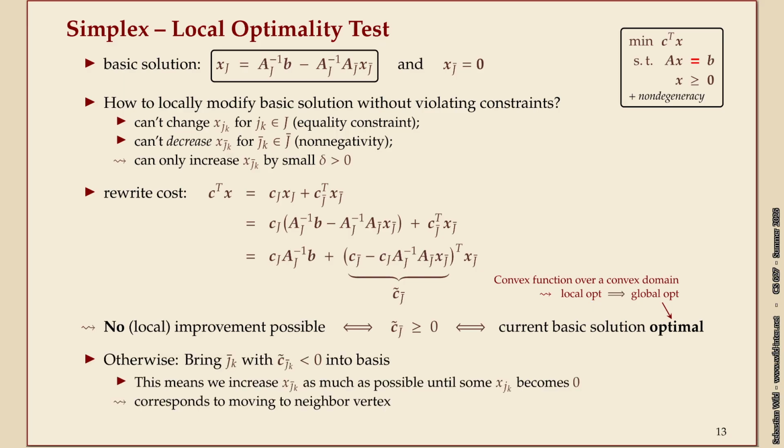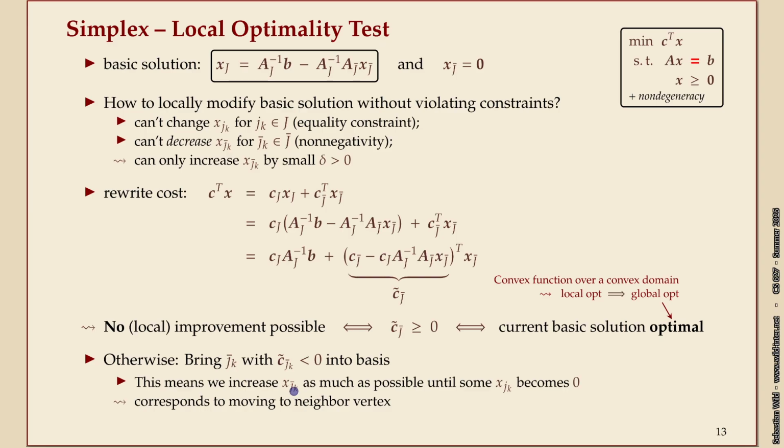And so that's essentially the end of this simplex algorithm. That's what it does. It computes these Cjs. It checks if they're all greater or equal 0, then the current solution is the optimum, and you can stop. Otherwise, there must be some entry that's negative. And then you know which of these non-base variables now becomes a base variable, and you have to kick out one of the base variables to move to a neighboring vertex.